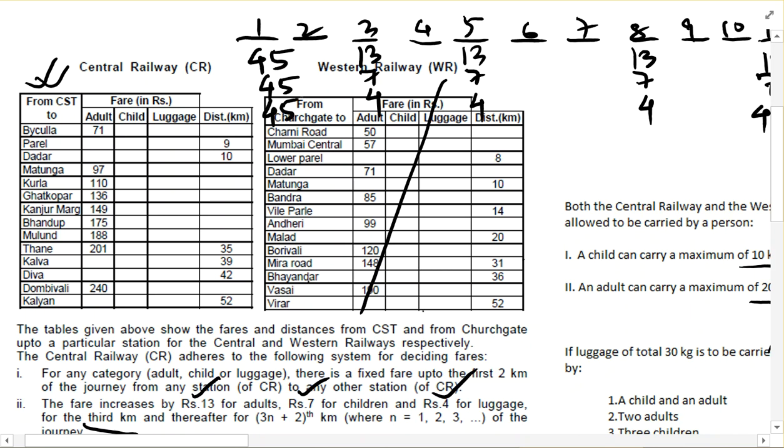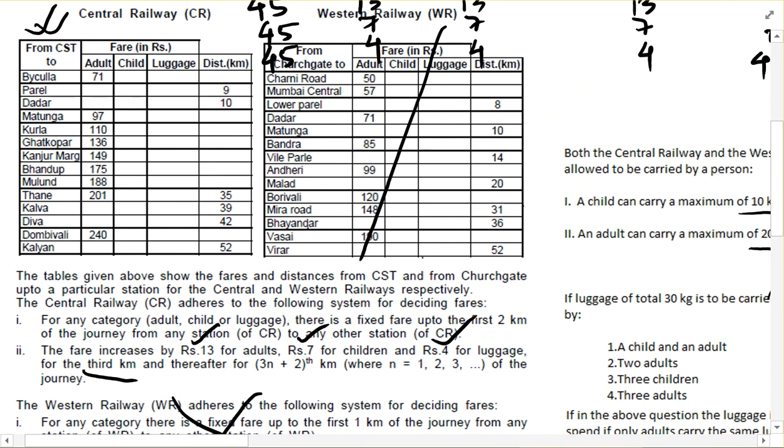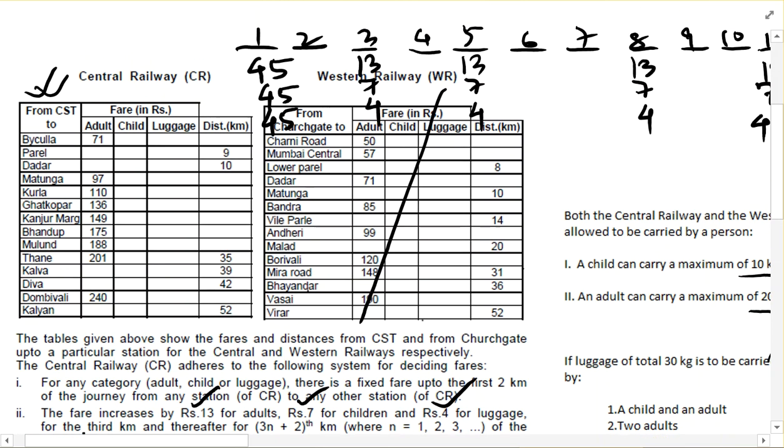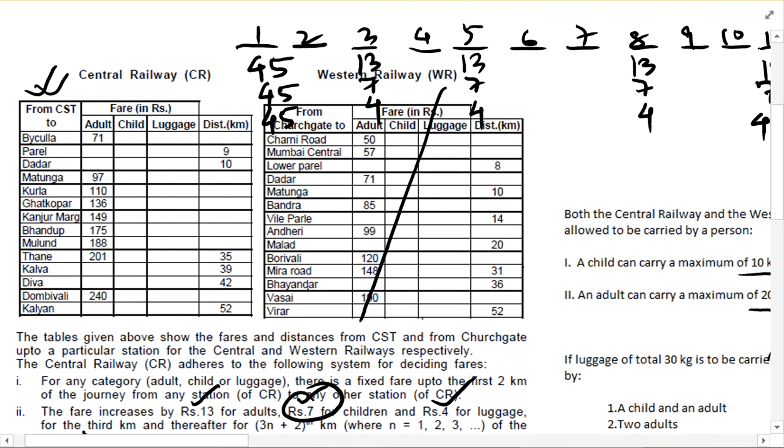Now from CST to Bhandup, if we subtract 45 from the fare, it is 130. So 13 tens are 130. In place of 13, if we calculate for children, it is 7. So 7 tens are 70, plus 45, it is 115.